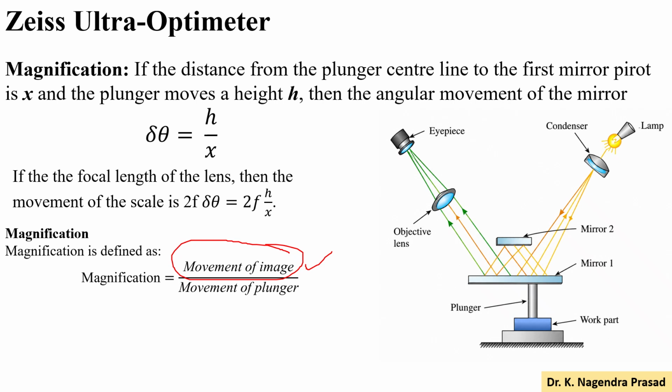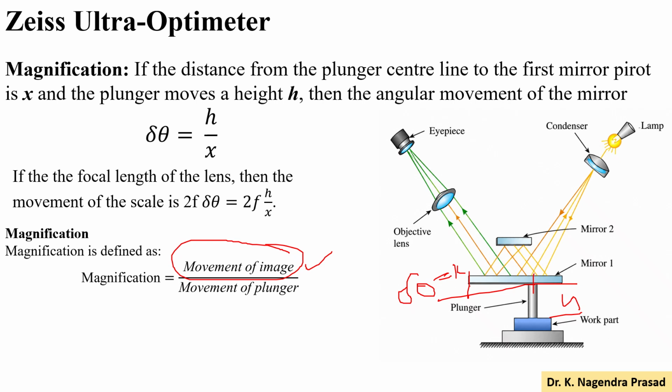If the distance from the plunger center line to the first mirror pivot is x and the plunger moves a height h, then the angular movement of the mirror, dθ, equals h by x. So here, this is x and this is the height h, and this is a very small tilt dθ, which is equal to h by x.